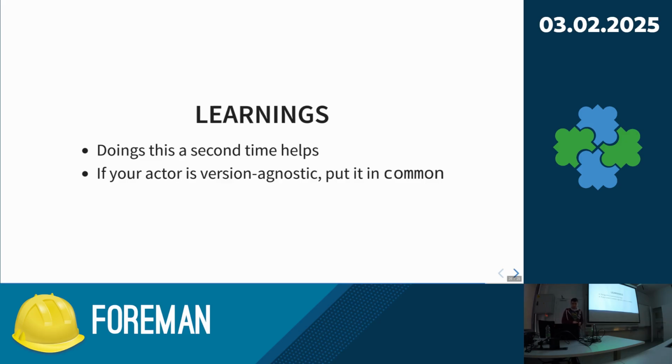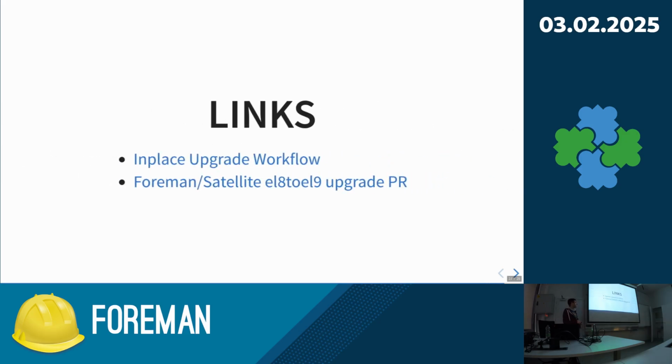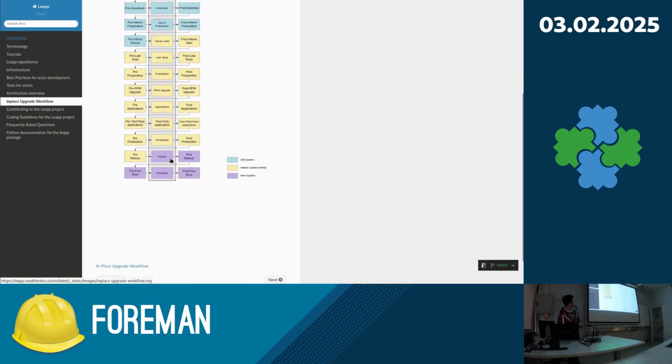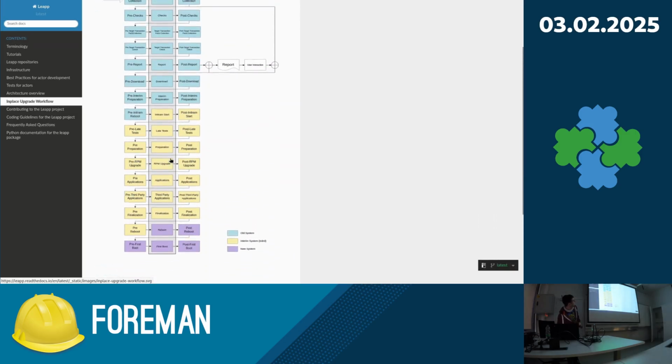So yeah, that's it. I have two links for you. The second one is a PR that implemented the 8 to 9 upgrade. You don't have to look at it if you just want to upgrade Foreman, because it's merged and everything is fine. And the workflow thing is this massive workflow, which I did not want to show you.